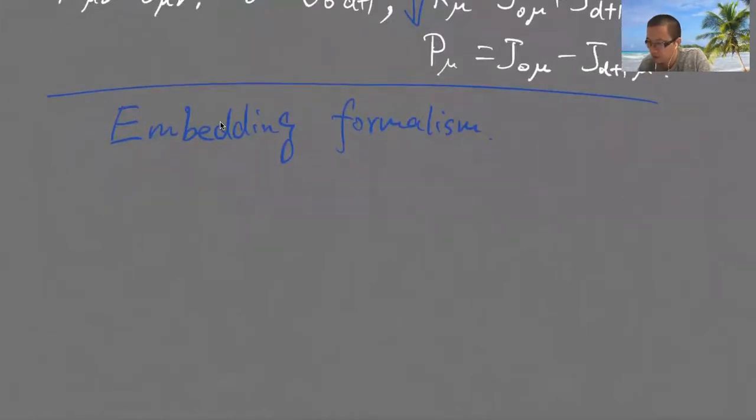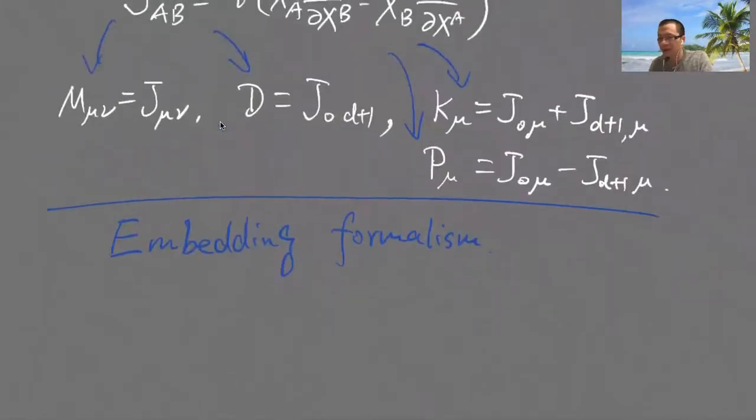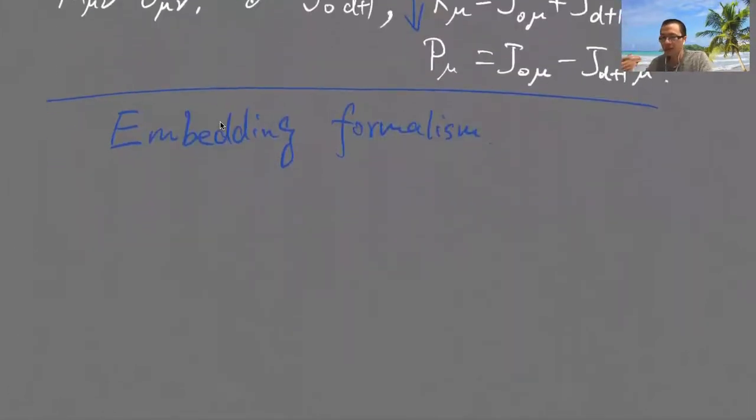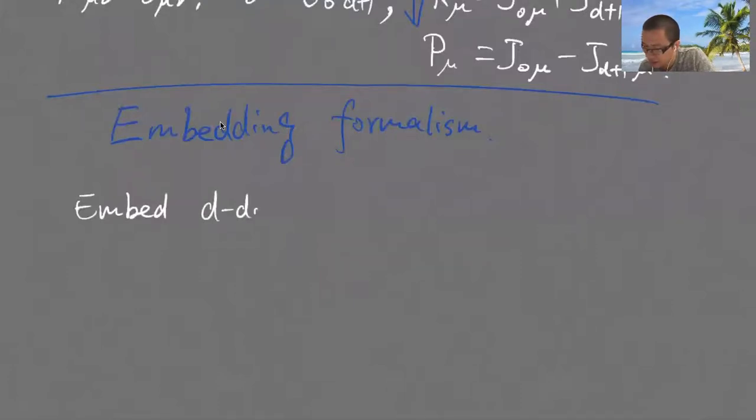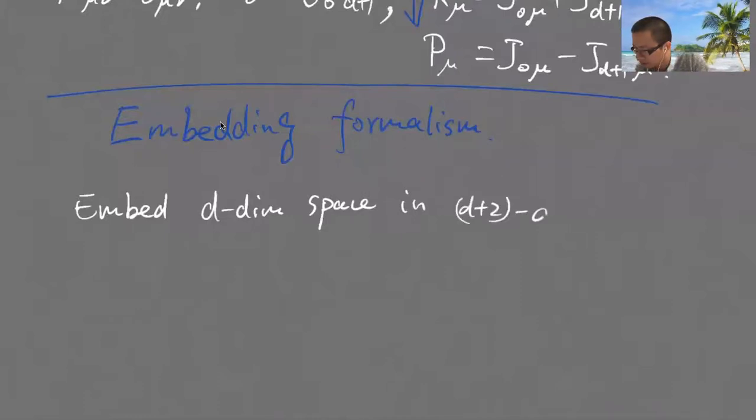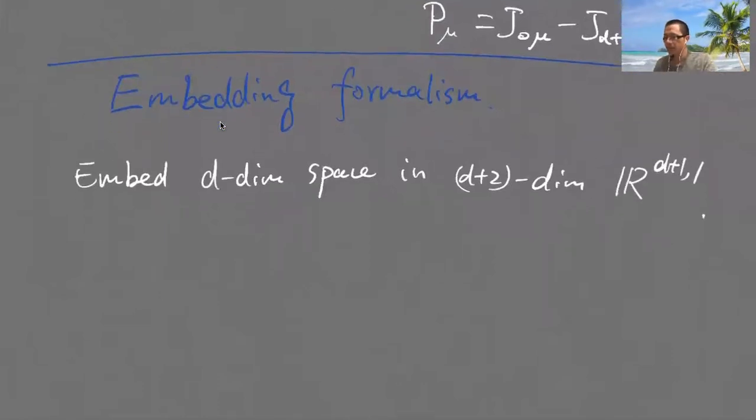So what do we need to do now? Because we are living in D dimensions, we want to embed our D-dimensional space in this D+2 dimensional space.